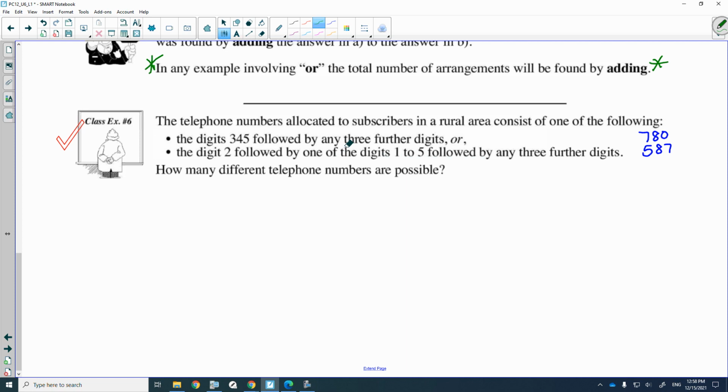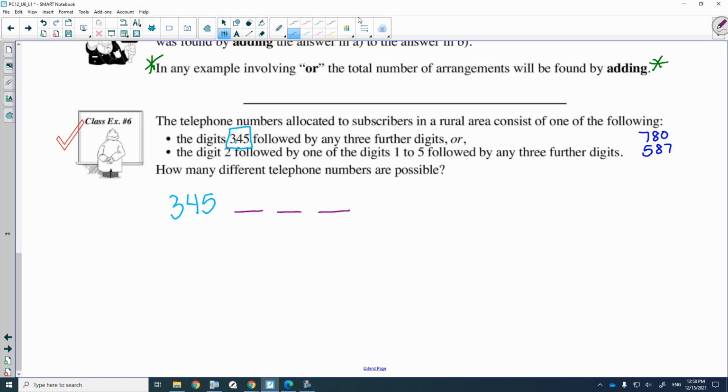So somebody moves into this area, and one of the choices that they could be given is these 3 digits. So everybody would have that area code, 345, okay? Then it says followed by any 3 further digits. So 345 will be followed by any 3 further digits.